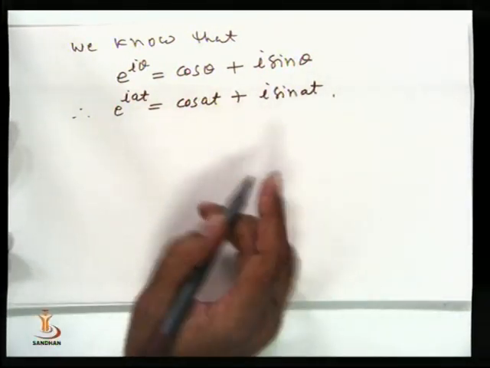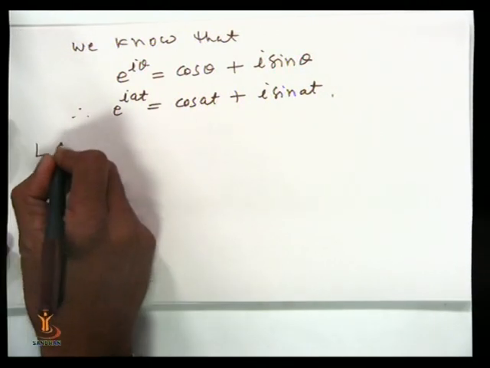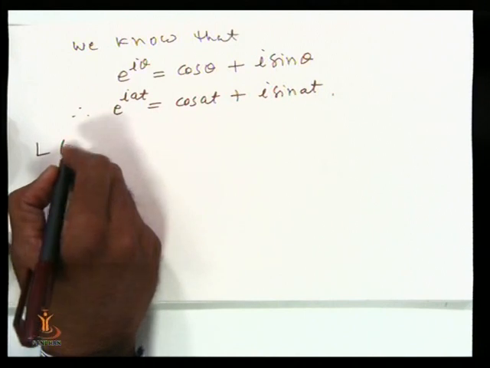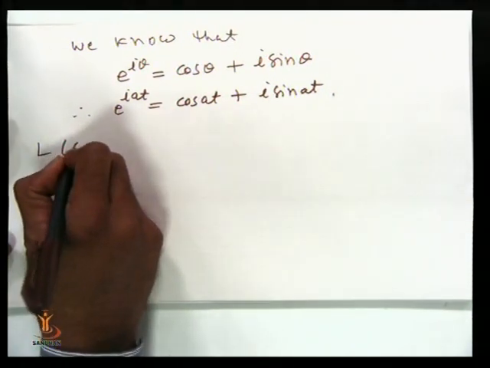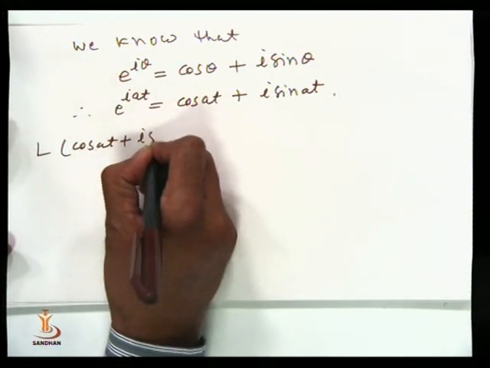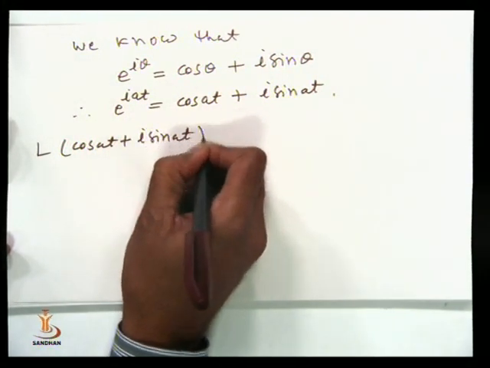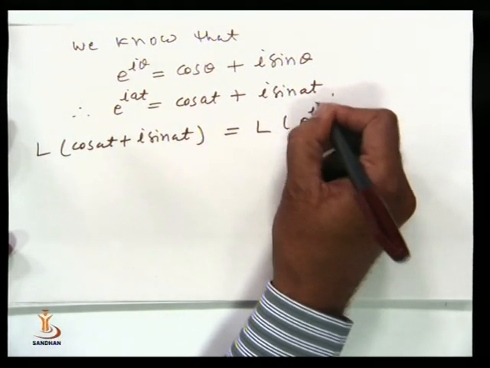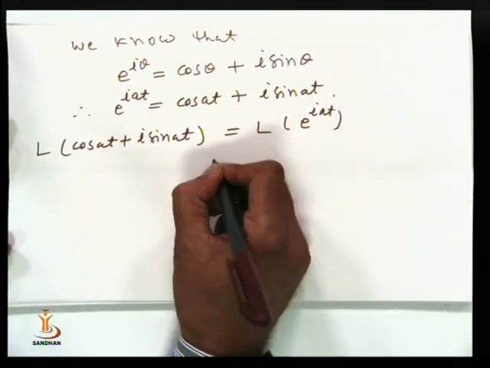Now on both sides we take Laplace. First we write down the left hand side: L of cos at plus i sin at equal to Laplace of e raised to i at.